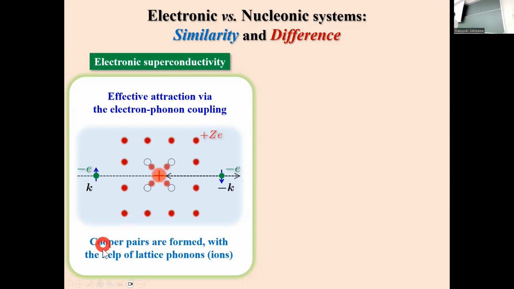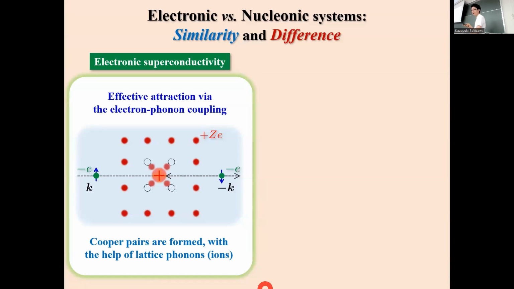Cooper pairs I will introduce later. Cooper pairs are formed between spin up and down electrons with opposite wave numbers with the help of lattice phonons of ions. So this is the case of electronic superconductivity.